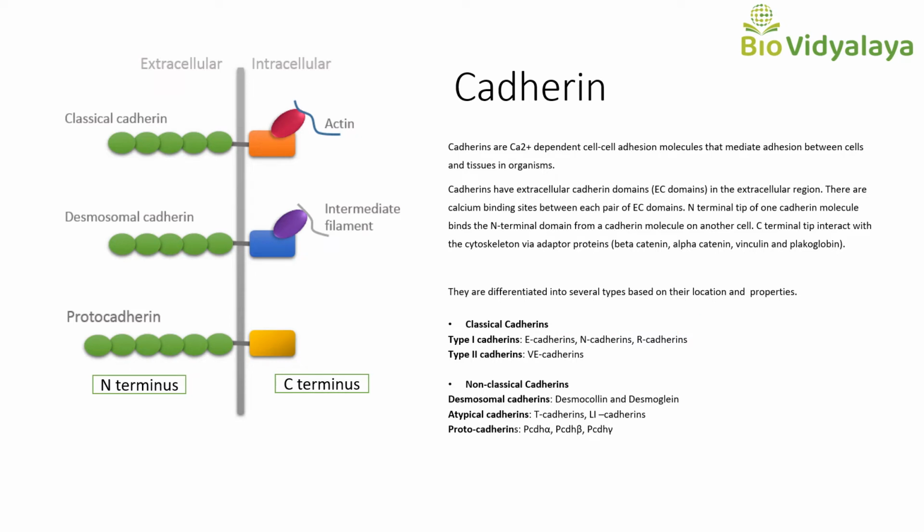Next are non-classical cadherins. First are desmosomal cadherins: desmocollin and desmoglein. So desmoglein and desmocollin are desmosomal cadherins. They form a cellular junction called the desmosome.